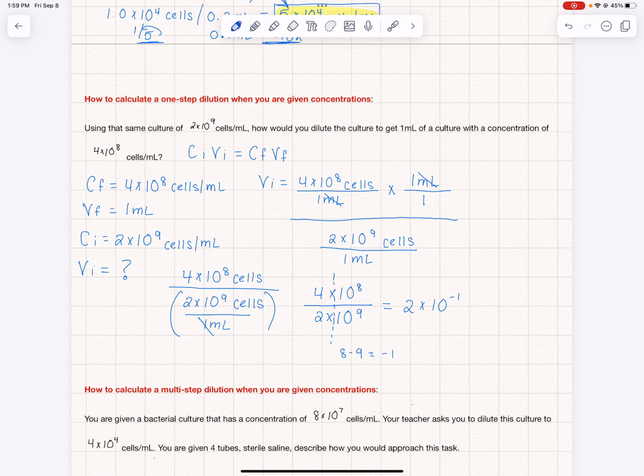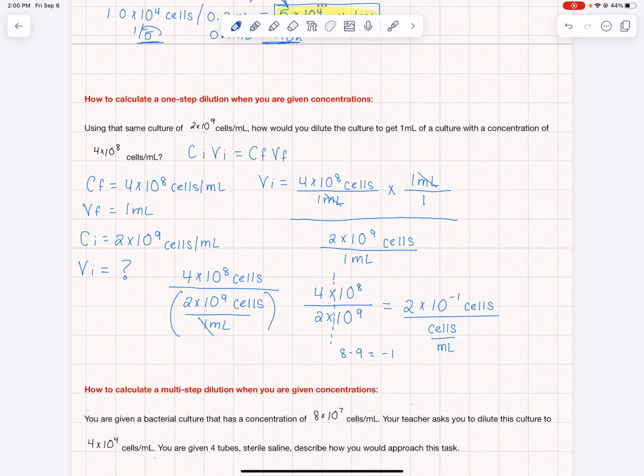And now we've got to fill in our units. And so what this will end up looking like is cells over cells per milliliter.